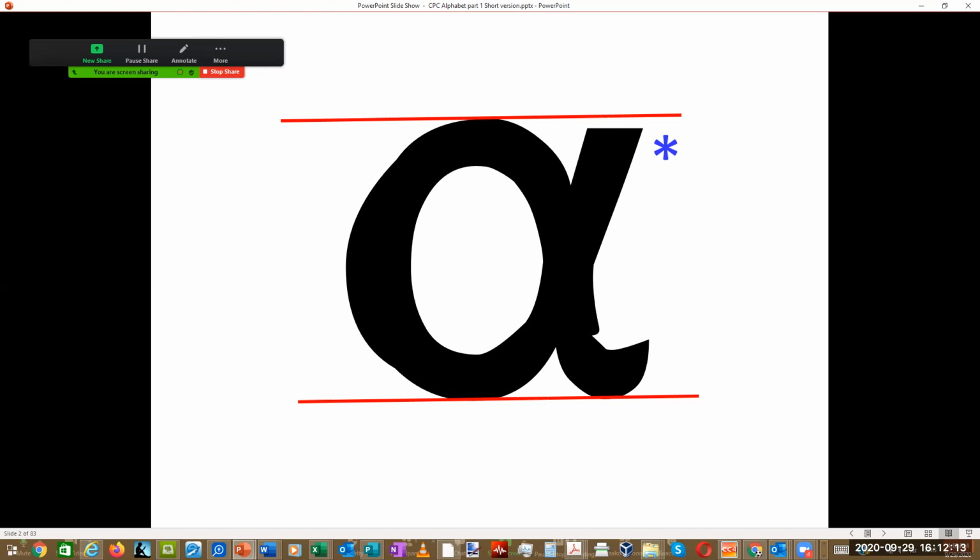There won't be smaller ones than alpha. Now, notice also there's a little blue star on the upper right side of the letter. That is where you would normally start in cursive handwriting and writing alpha. I keep wanting to say aleph, which is the first letter of the Hebrew alphabet.